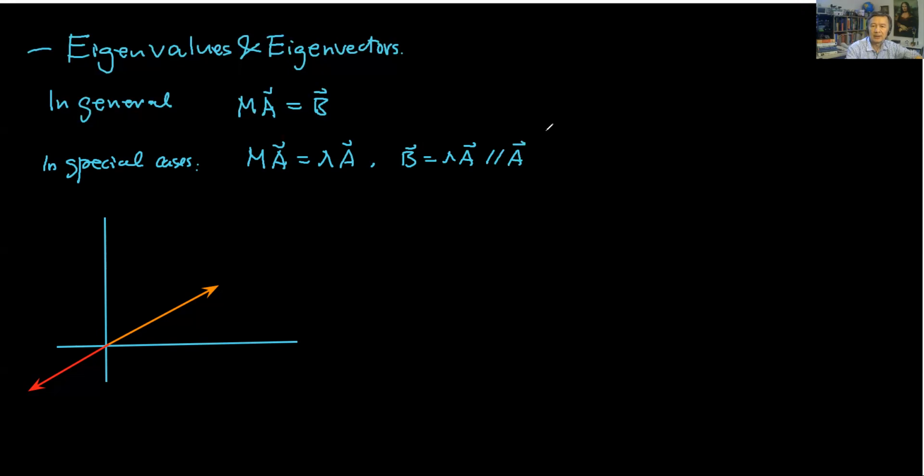If lambda is a positive number, that should be parallel. You see, we use geometry again, we're back to geometry. If lambda is a negative number, that is anti-parallel.